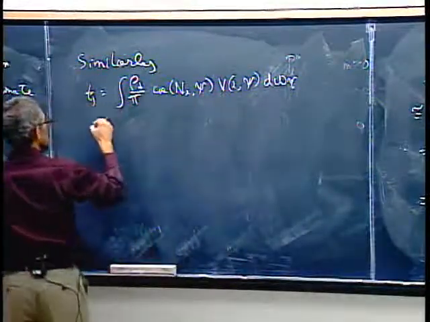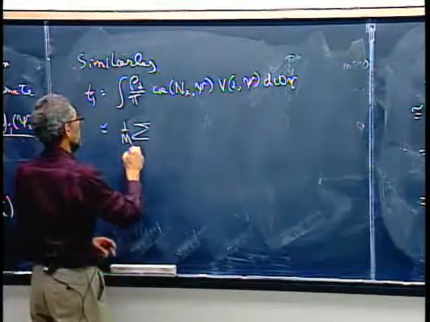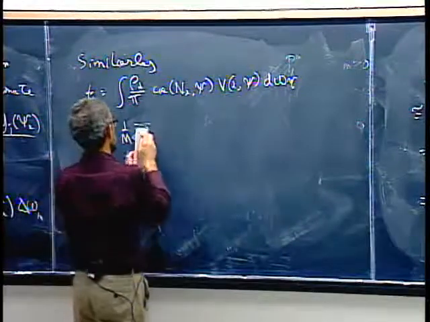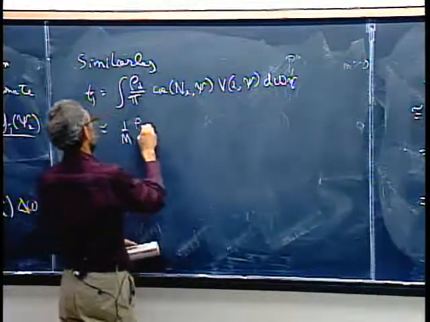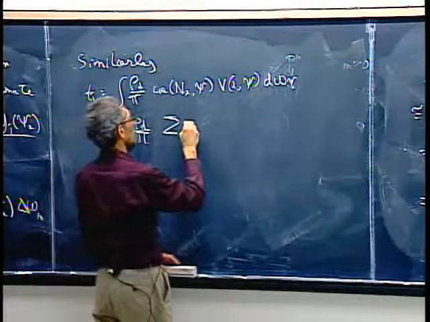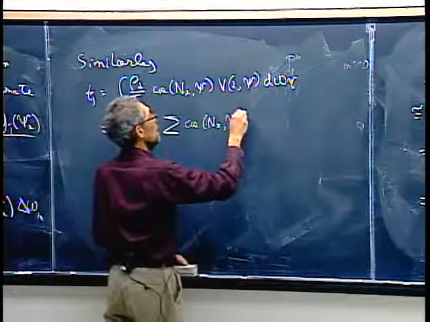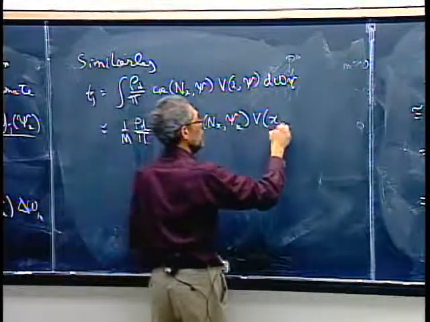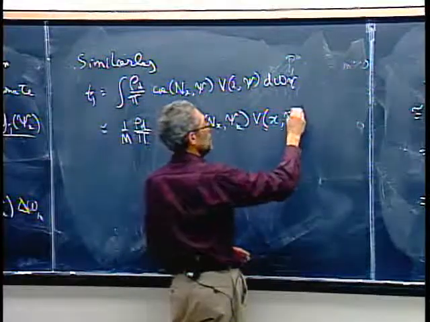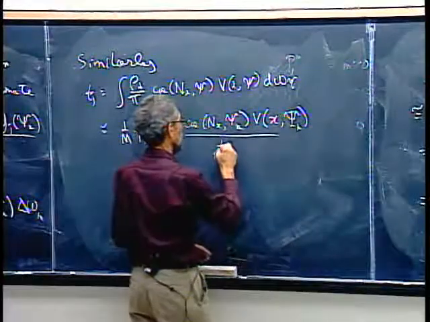And we'll estimate that as a similar sum, 1 over m of, well, I guess I can take my rho_d over pi outside it, of cosine n_x psi_k times the visibility from that point on the surface to the environment at infinity in that direction. Let's do this sum.